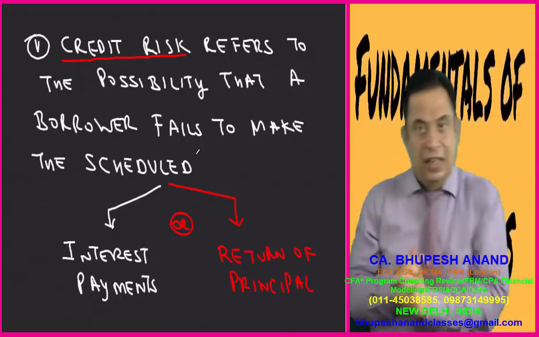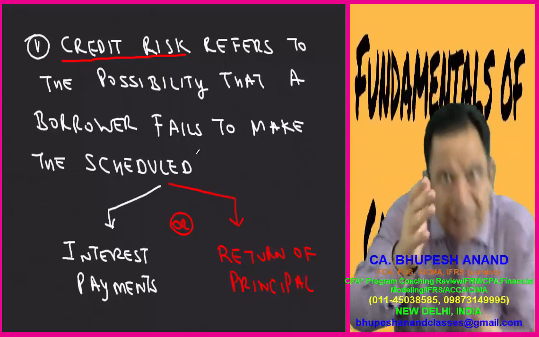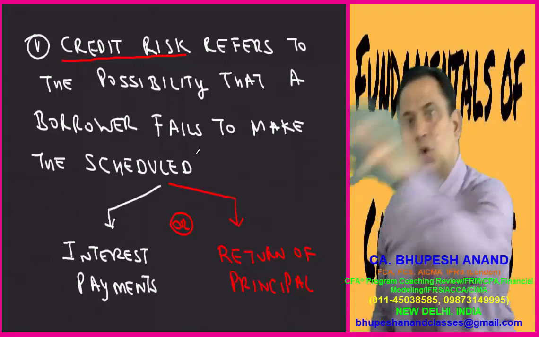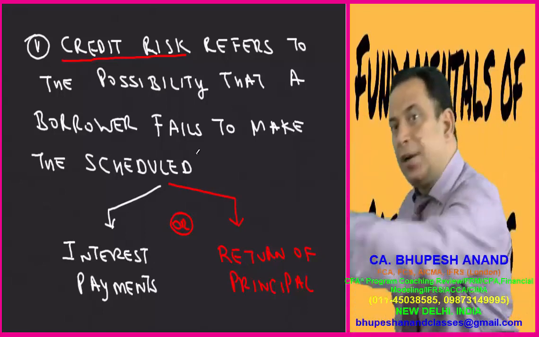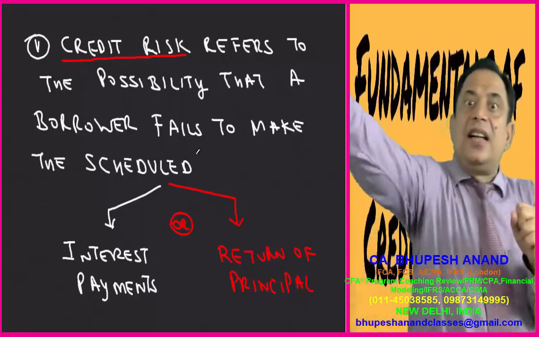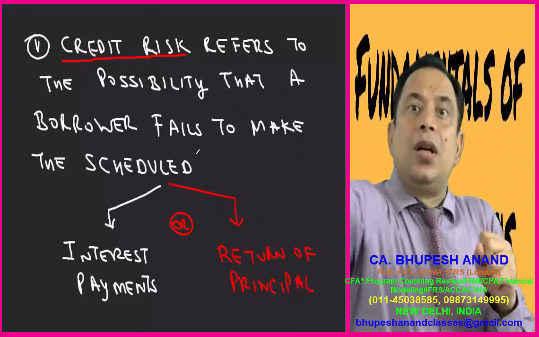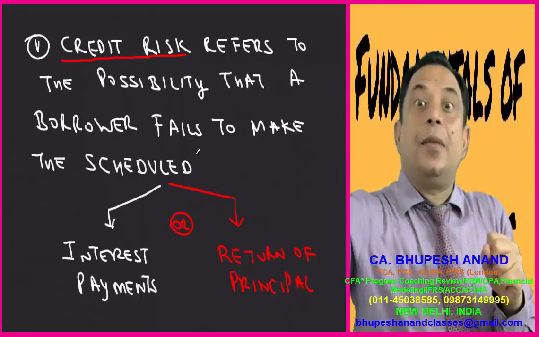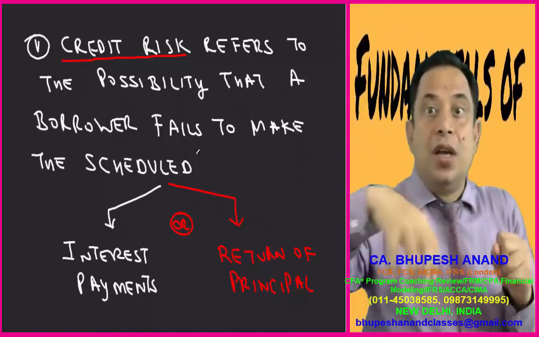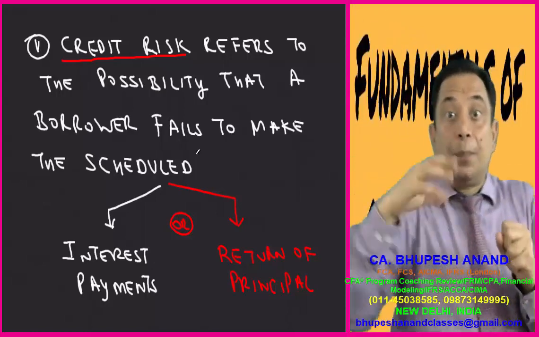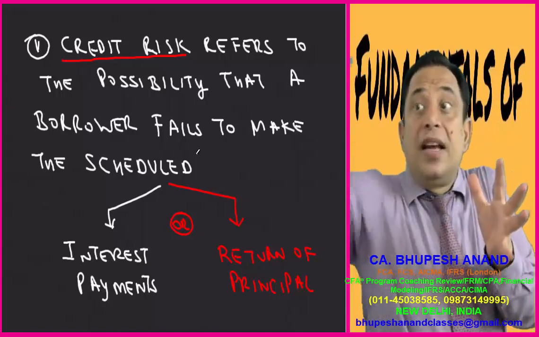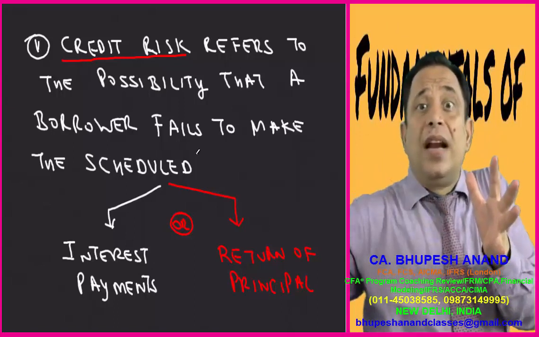Credit risk. When I say credit risk, as the name indicates, if I am giving you credit, or I am selling goods on credit to a customer, whether that customer will be able to pay me or not. For that we generally have a factor; there is a factoring agreement. Similarly, in the case of bonds and loans, whether the borrower will be able to pay the investor, the lender.